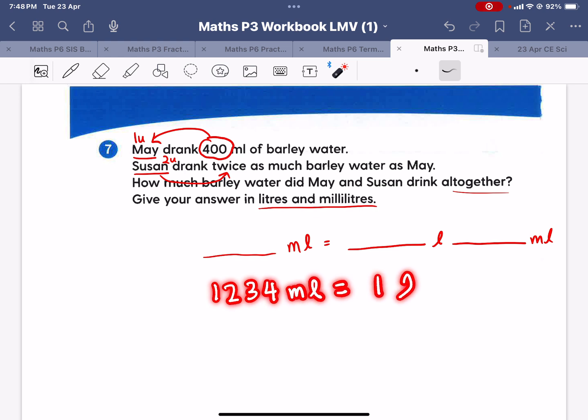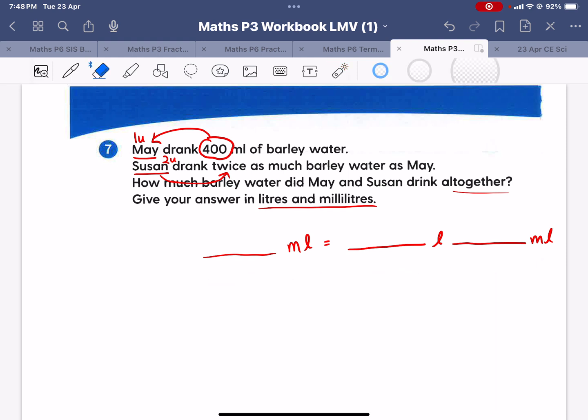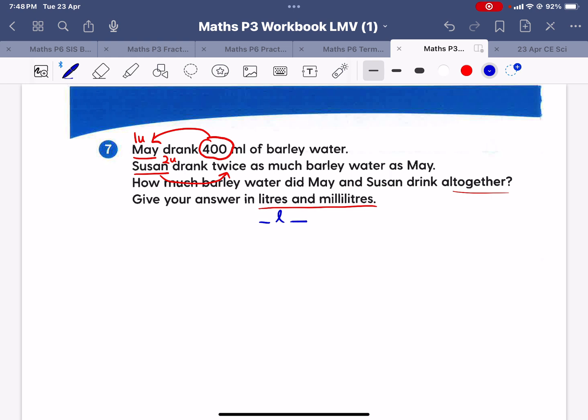It's the same as 1 liter, 234 milliliters. All right. So we're going to convert this at our final step, but let's do that later. But let's put this as a reminder so that we will remember to do this later on.